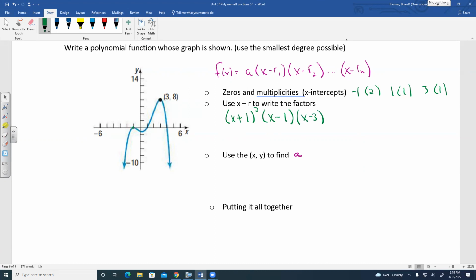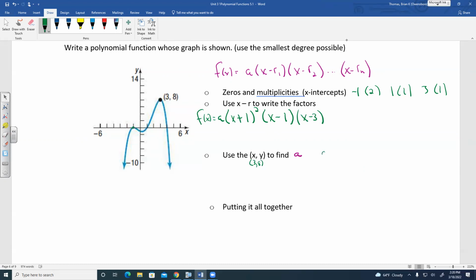So now we want to find the value of a. Right now we have f of x equals a times this here. To find the value of a, we're going to use that ordered pair, 3, 8. So 3 is going to go in for the x, and the 8 is going to go in for y.